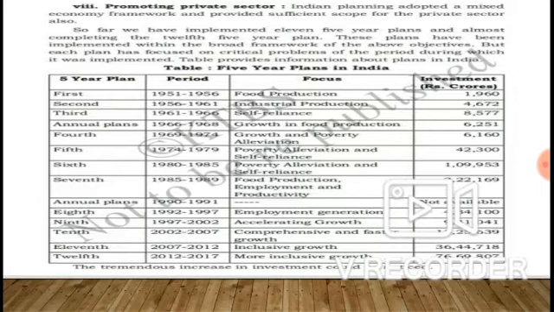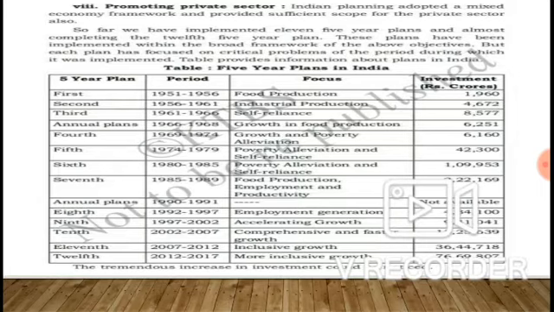So far, we have implemented 11 five-year plans and are almost completing the 12th five-year plan. In Kannada we can call the five-year plan Panchashila Tattva.